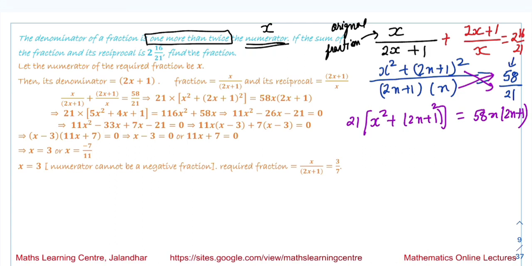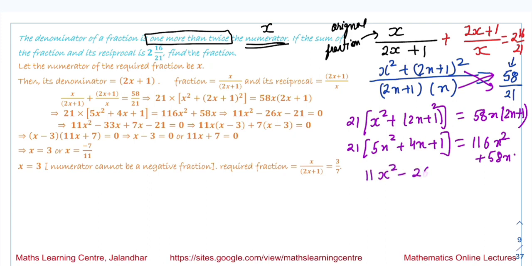Now if we open all these brackets, we get 21 into (5x squared plus 4x plus 1), that is equal to 116x squared plus 58x, and on solving these values we get 11x squared minus 26x minus 21 is equal to 0. So this is the required quadratic equation that we have to solve.